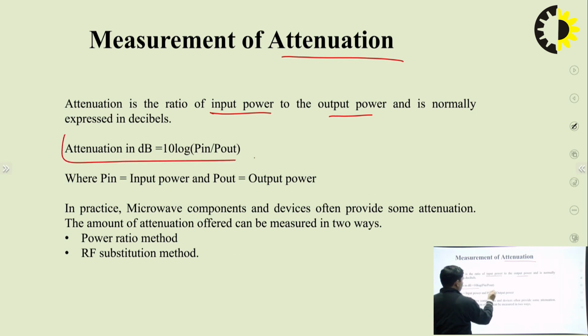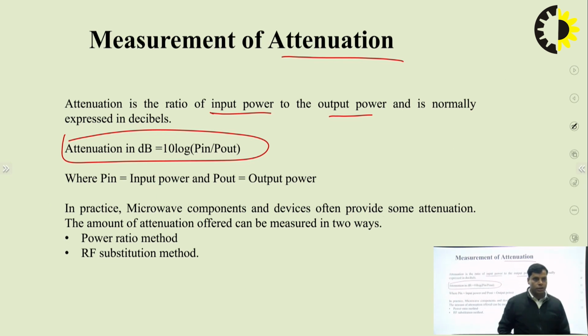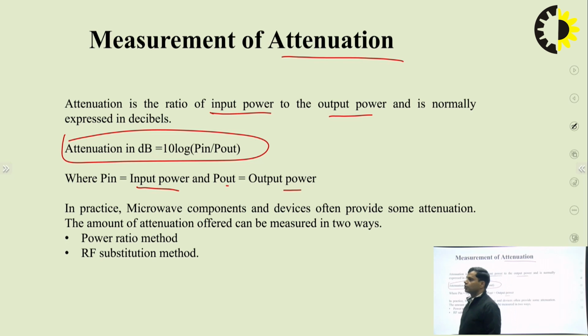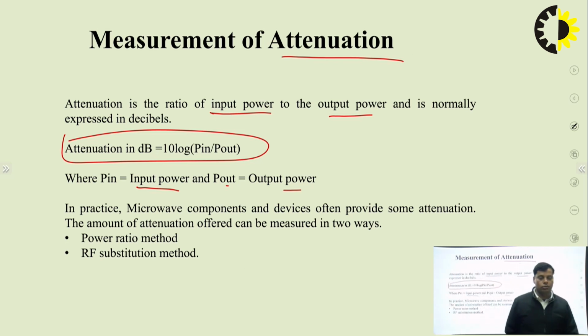The relation for measurement of attenuation is: attenuation in dB is equals to 10 log P in over P out, where P in is the input power and P out is the output power. If we have the two values of input power and output power, the ratio of these two will give the value of attenuation.